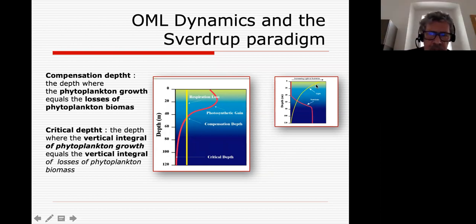This is the typical stratified ocean that we face during the stratification period.